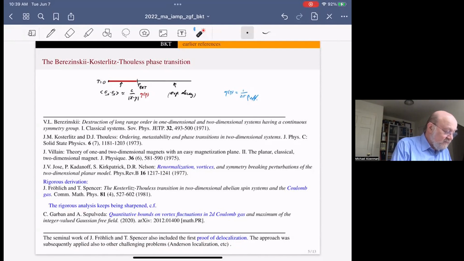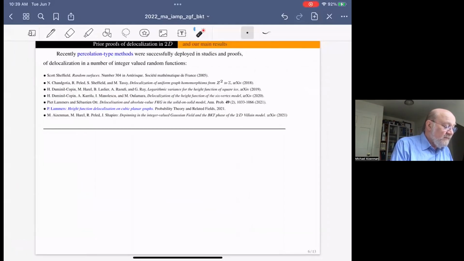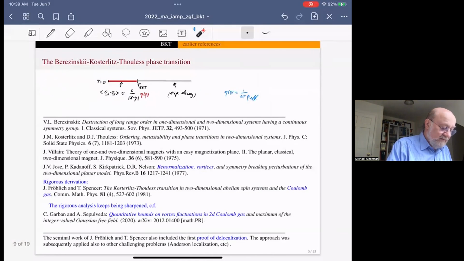Among the more recent works is a beautiful work by Garban and Sepúlveda, 2020, quantitative bounds on vortex fluctuations in the 2D Coulomb gas. So it's a whole machinery which deals with a number of problems. So where we are in the talk, I presented the two players in this model.